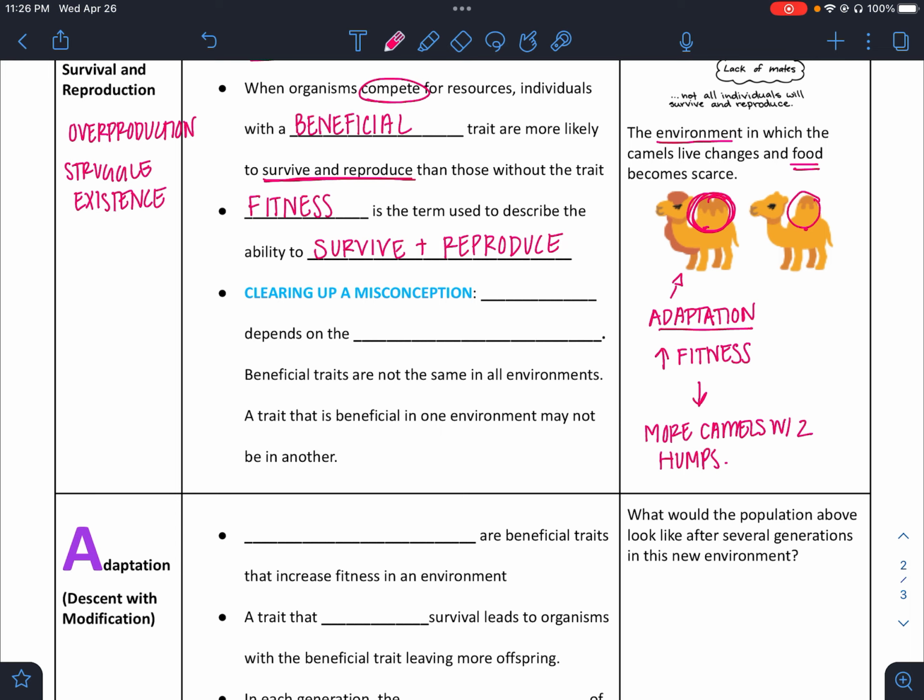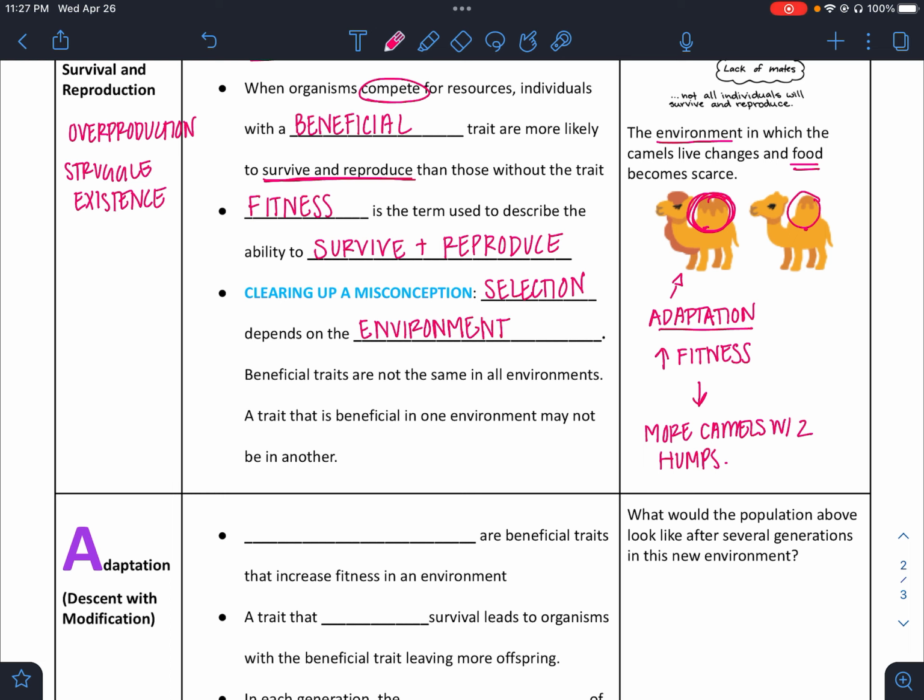All right. Different traits are going to be beneficial in different environments. So, a lot of people think, like, hey, this trait is always going to increase fitness. Well, it's important to know that selection for or against a trait is going to be totally dependent on the environment.